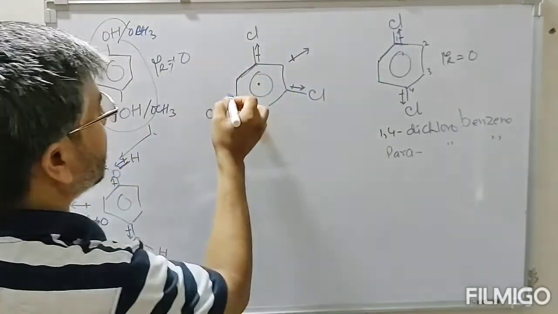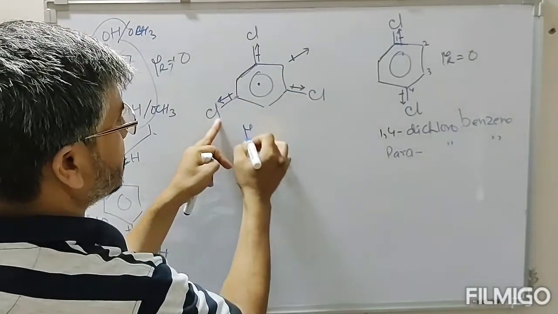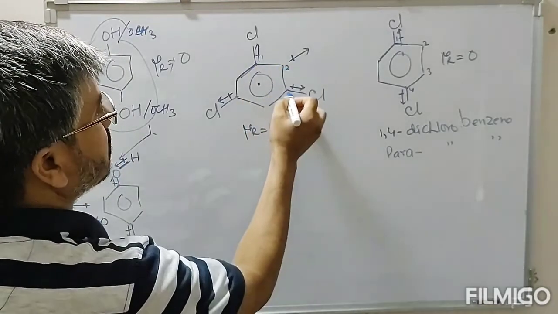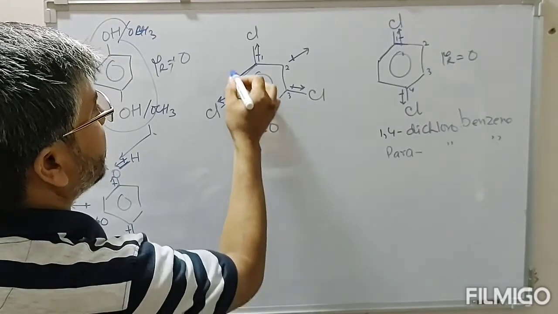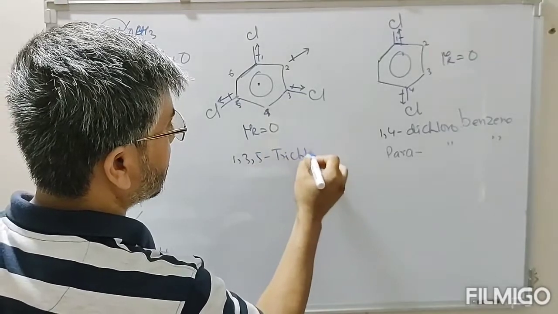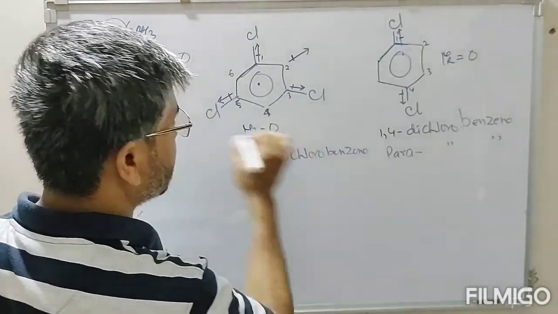Now we also have a dipole on the opposite side. So these two are on opposite sides, so the resultant is 0. So this is 1, 2, 3, 4, 5, 6. So 1, 3, 5 trichlorobenzene, the resultant is 0.